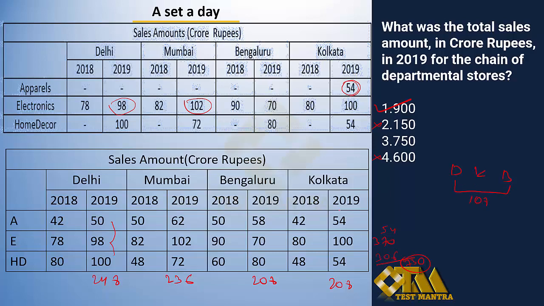So if that's my condition, if I add 108 to this figure also, 730 plus 108 is 838, still 62 will be there.